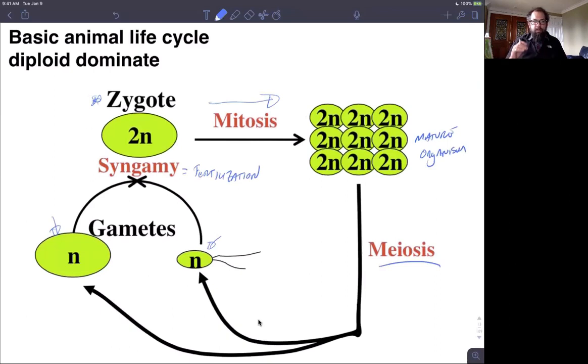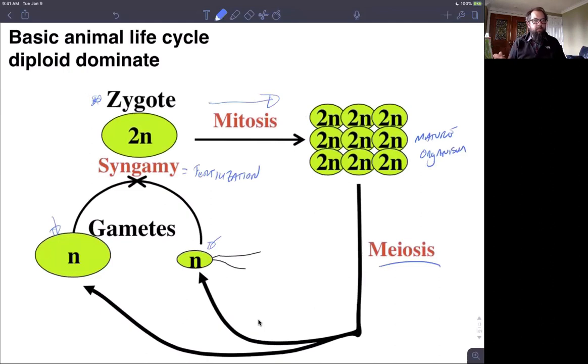And so that is what we think of as our basic diploid dominant life cycle, where the only haploid cells that we have are our gametes, and those haploid cells fuse together and then form that new individual, and this life cycle repeats.